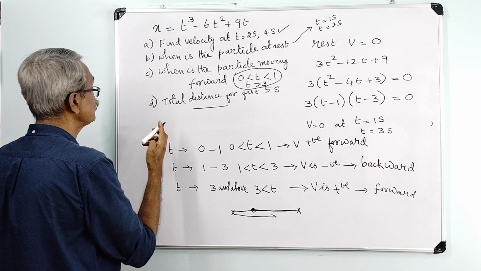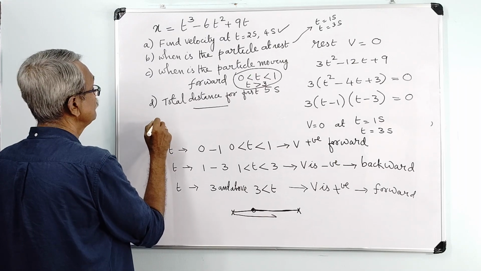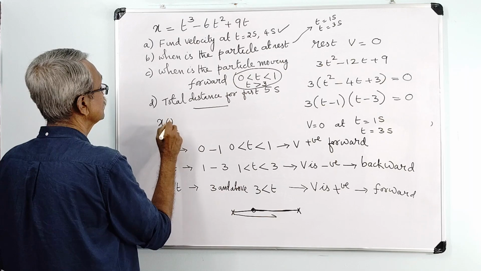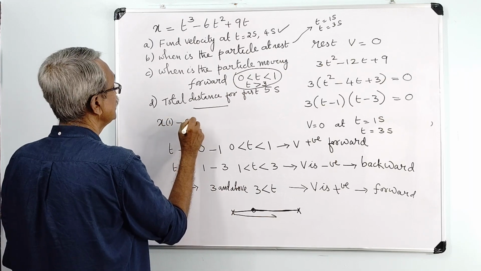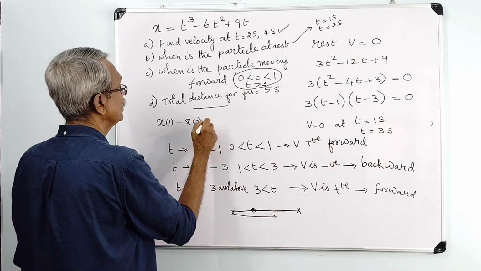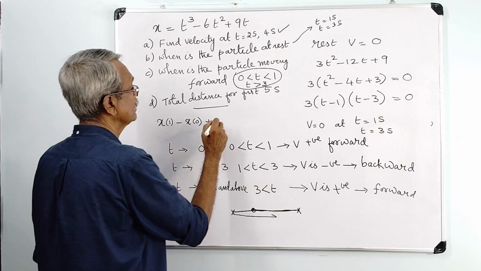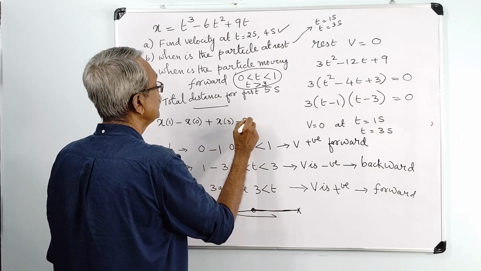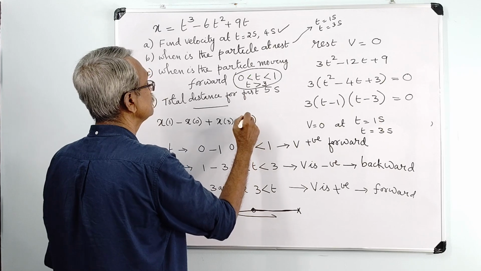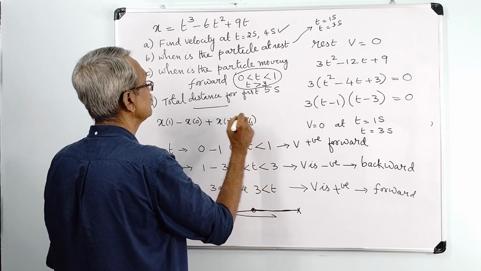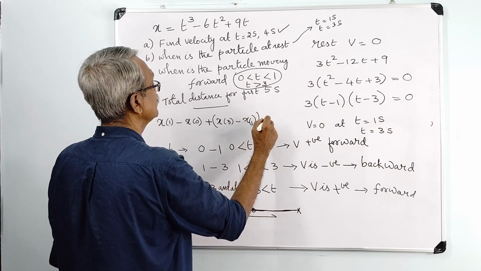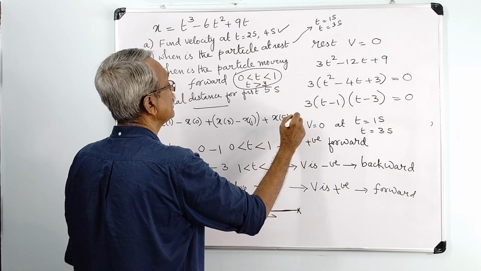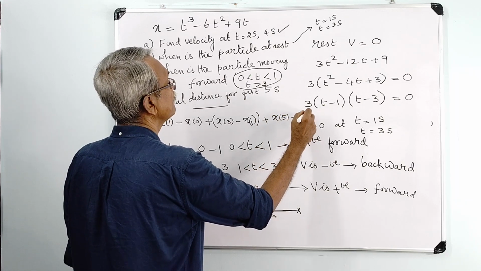So we actually have to work out x1 minus x0, plus x3 minus x1, plus x5 minus x3.